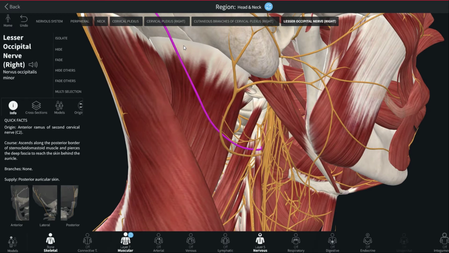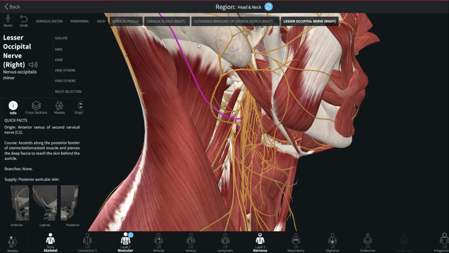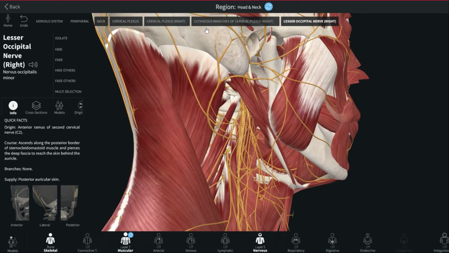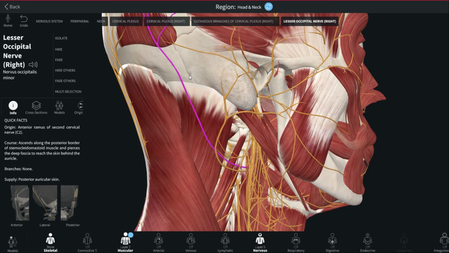And the parts which it actually innervates. Now these are bland details, but they do have some logic behind them. Obviously, with lesser occipital, you would think that it innervates the area around the occipital region, because its name suggests that. So this nerve is supplying the skin.